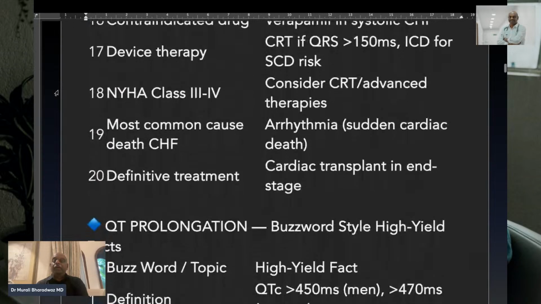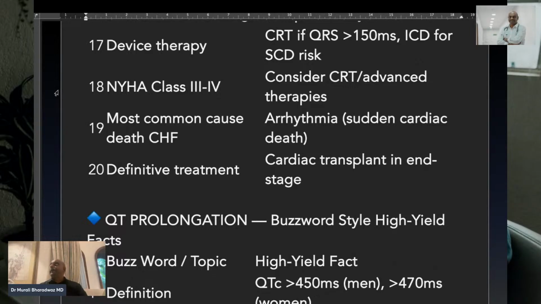Similarly, advanced therapies which help the heart pump blood, like CRT, cardiac resynchronization, are done when the NYHA (New York Heart Association) classification of CHF is between 3 and 4. The definitive treatment is cardiac transplant.